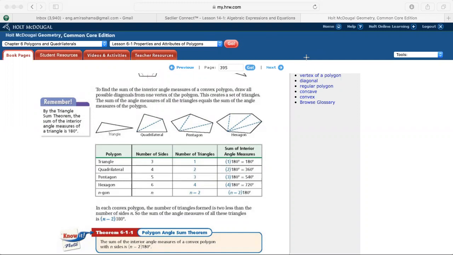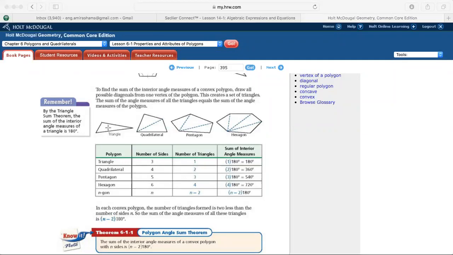I have a rule. What is the rule? To find the sum of the interior angle measures of a convex polygon, draw all the possible diagonals from one vertex of the polygon. This creates a set of triangles. I want to create all the possible triangles inside the polygon. The sum of the angle measures of all the triangles equals the sum of the angle measures of the polygon.